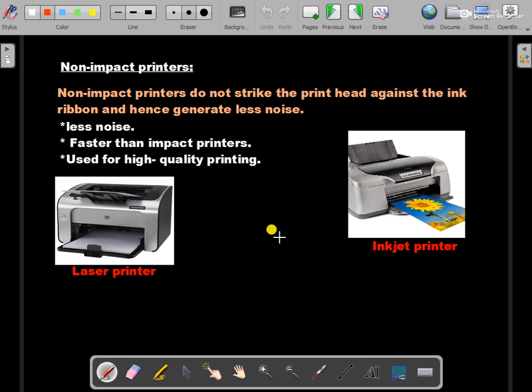They use laser, xerographic, electrostatic, chemical or inkjet technology. Examples of non-impact printers are the inkjet printer and laser printer. They have some properties: less noise, faster than impact printers, and used for high quality printing.